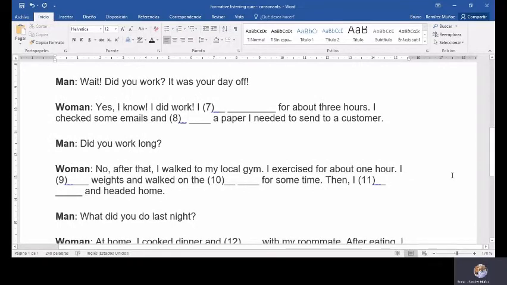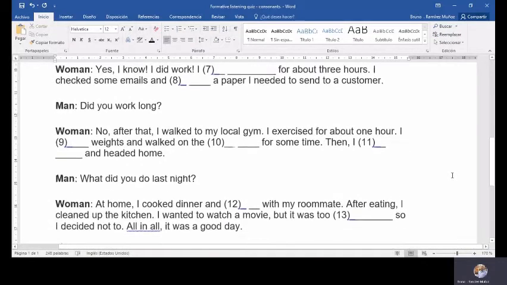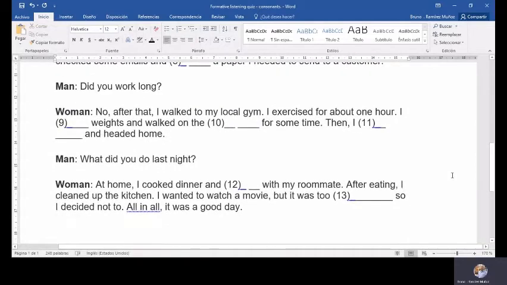I did work, for about 3 hours. I checked some emails and finished a paper for a customer. After that, I walked to my local gym. I exercised for about 1 hour. I lifted weights and walked on the treadmill. Then I showered and headed home. At home, I cooked dinner and chatted with my roommate. After eating, I cleaned up the kitchen. I wanted to watch a movie, but it was too late, so I decided not to. All in all, it was a good day.